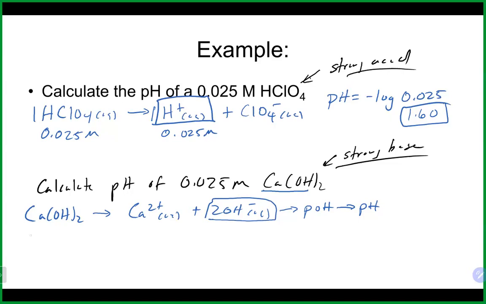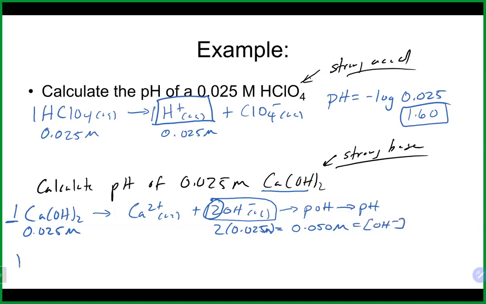We do also need to make sure that we get the correct concentration of our base. In terms of the hydroxide, it is a 1-to-2 relationship, which means we do need to multiply the concentration by 2 to get the correct concentration. If we do that, 0.025 times 2 is going to give us 0.05 molar as our correct hydroxide concentration.